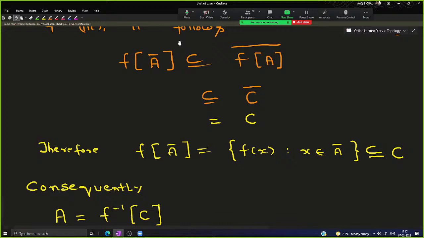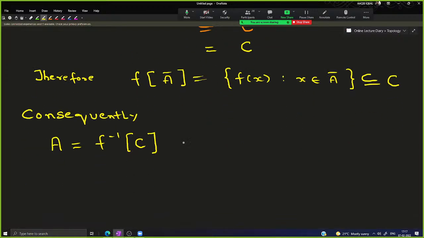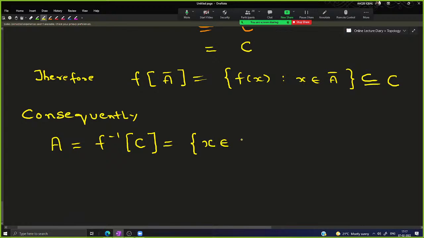A is f inverse C. But अगर आप इस f inverse C को देखेंगे, this by definition is actually the set of those elements in X such that f of X belongs to where? It belongs to C. ठीक.